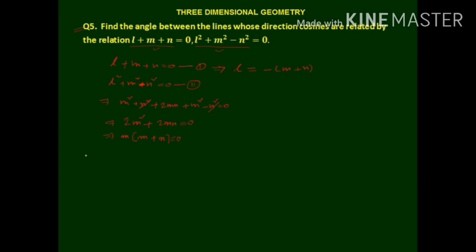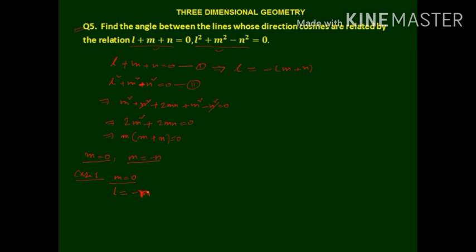This gives you two options: M equal to 0 or M equal to minus N. These are two options which will generate two different sets of direction ratios for the line. So now I'll discuss case 1. In case 1, I'll consider M equal to 0. If M equal to 0, you put it here. What will you get?